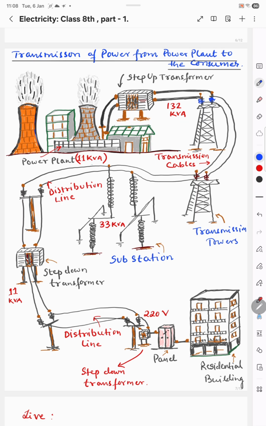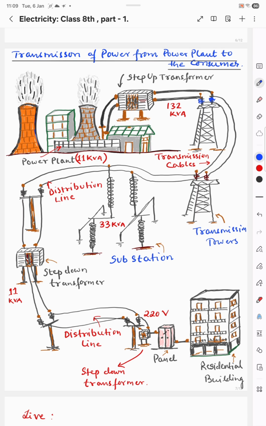Since it has to be transmitted over a long distance, we need to step up this voltage so that it can be transmitted to far off places, to avoid much power loss in between the transmission. So these step up transformers increase the voltage of the power.